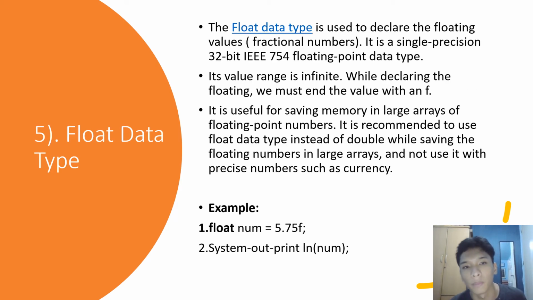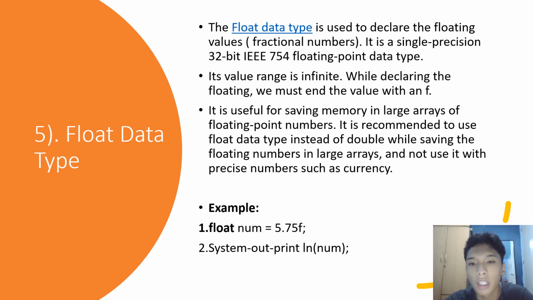Float data type. The float data type is used to declare floating values, fractional numbers. It is a single precision 32-bit IEEE 754 floating point data type. While declaring a float, we must end the value with an F. It is useful for saving memory in large arrays of floating point numbers.